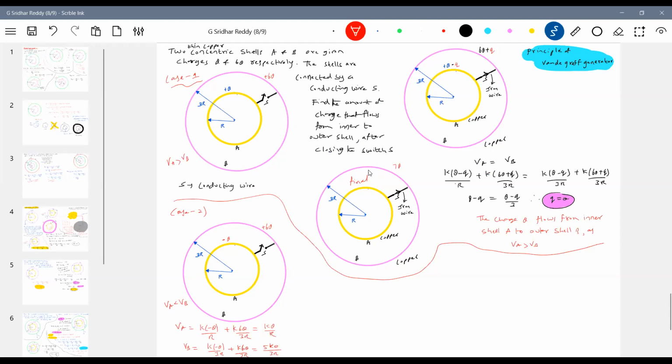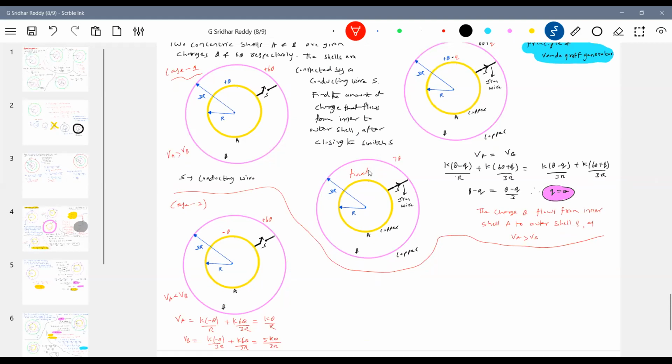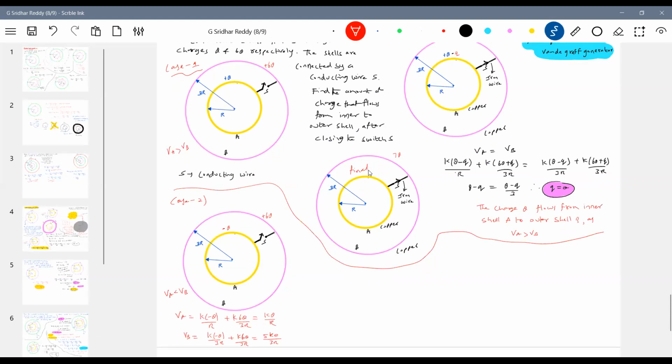After closing the switch, what will happen? I'll draw a small diagram. I don't have space. R, this is 3R.